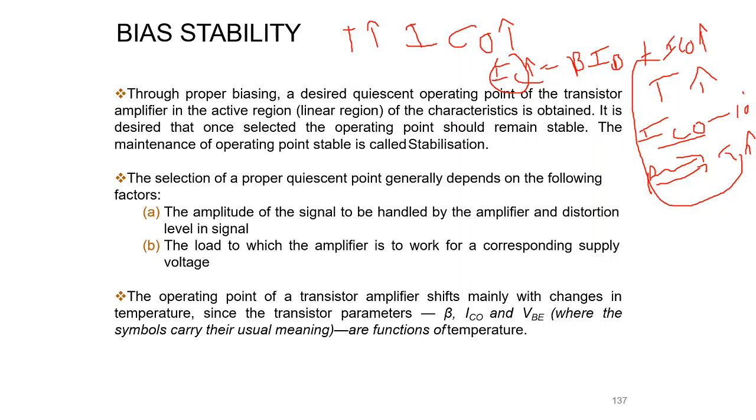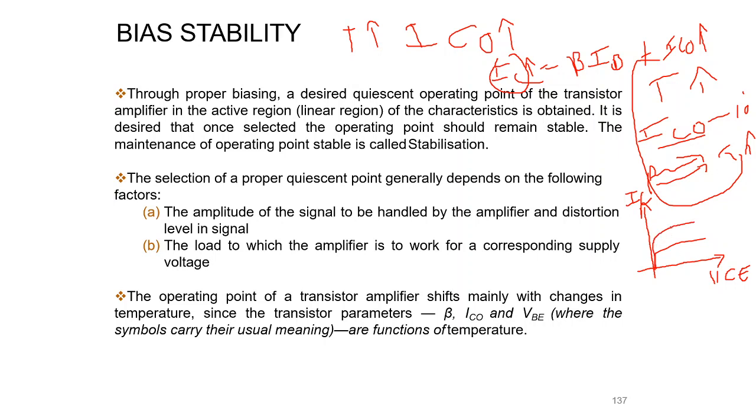So next, what is an operating point? The operating point is nothing but a point on the output characteristics of any configuration we have. Suppose for the CE configuration, the output voltage is VCE and the output current is IC. These characteristics exist, right?